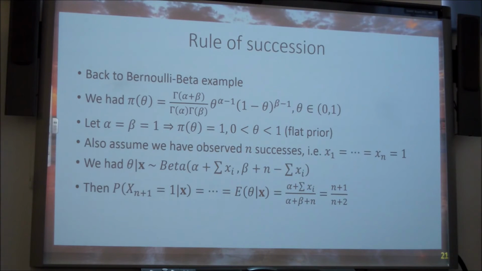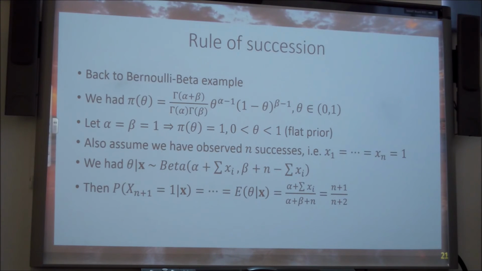So we want to know what's the probability that X_{n+1} is 1 or 0, given our data, and the probability that it's 1 is just the expectation of the posterior, which we found before was alpha plus the sum of the x_i's divided by alpha plus beta plus n. So if we substitute in our values for alpha and beta and x_i, then we get n plus 1 over n plus 2, because the sum of the x_i's is n, because we said that all the x_i's were 1, and then alpha and beta are 1.